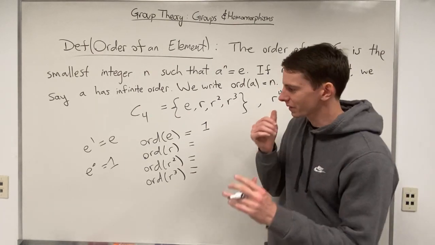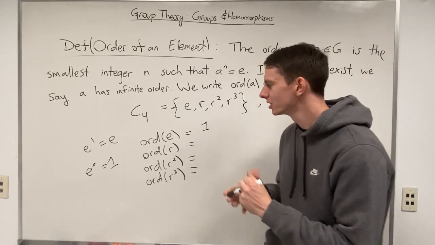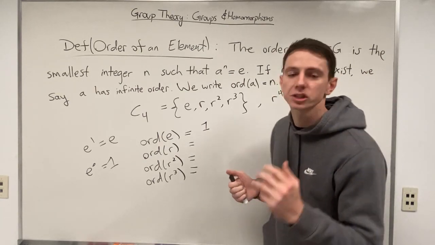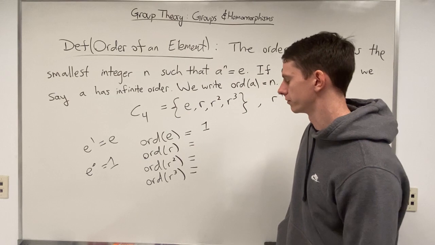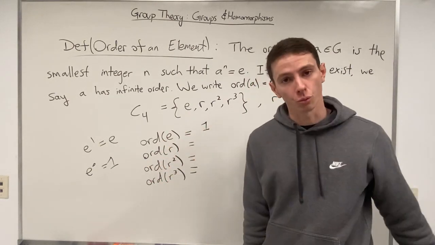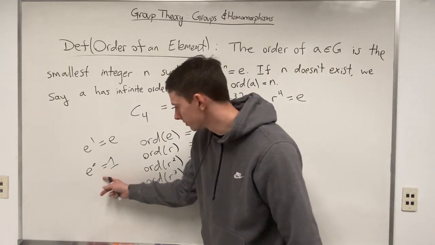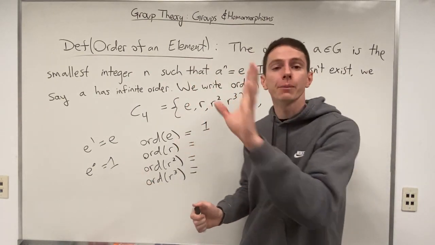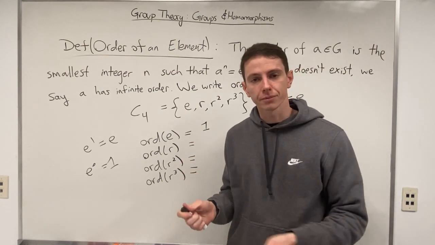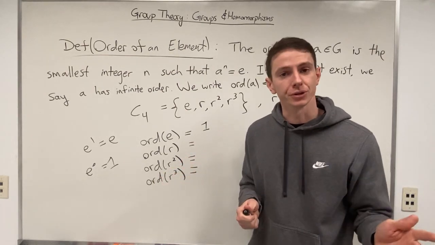Well, we want to make sure that we are not thinking of a specific example of a group when we're talking. When I'm saying that the order of the identity is going to be 1, I am not thinking of the specific example where the identity happens to be the number 1.